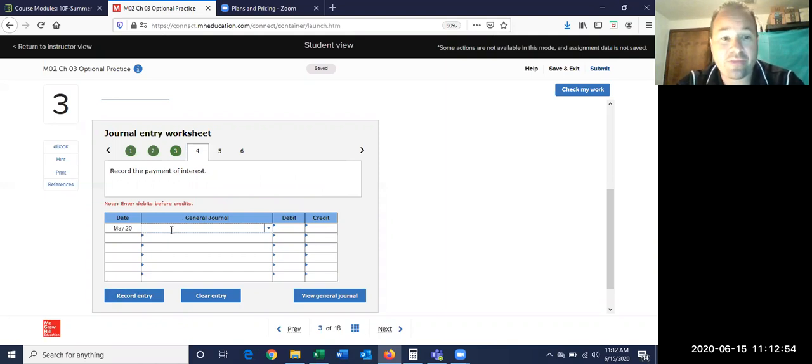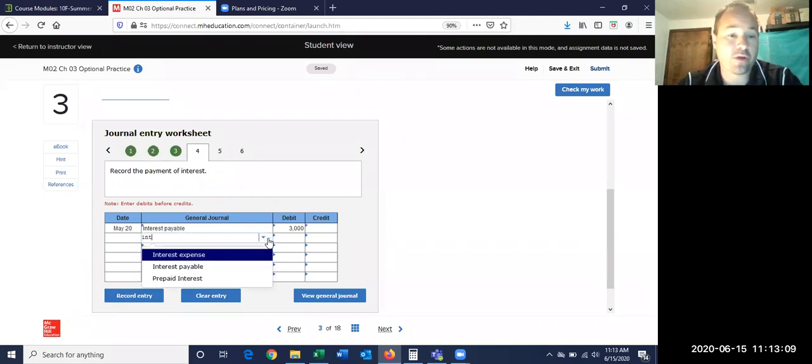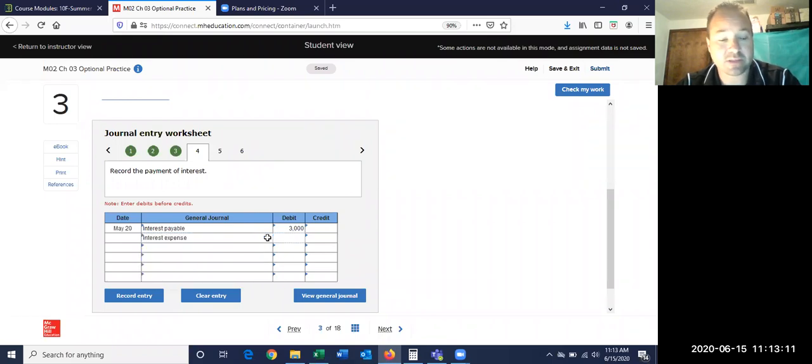Well, part of that $9,000 came from April. April said you owe $3,000 for the end of April. Okay, good. But I also owe now May 1 through May 20th interest. And so current interest is called interest expense. So interest expense for the month of May is $6,000.